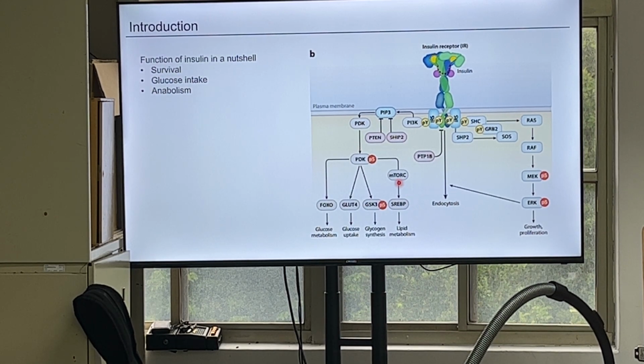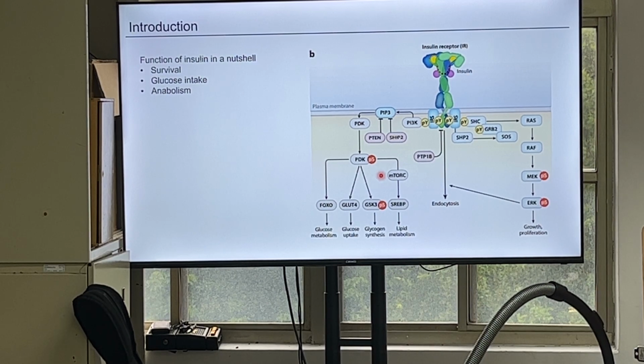And then there is mTOR, also a downstream target of AKT. mTOR is a very important hinge in the overall control of metabolism, so maybe next time we will talk about mTOR.